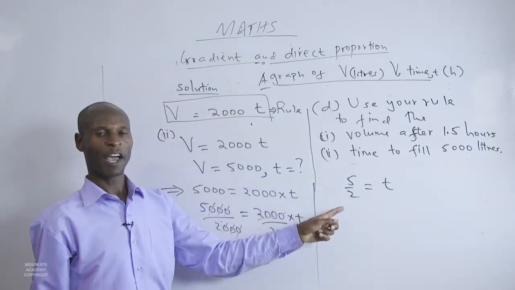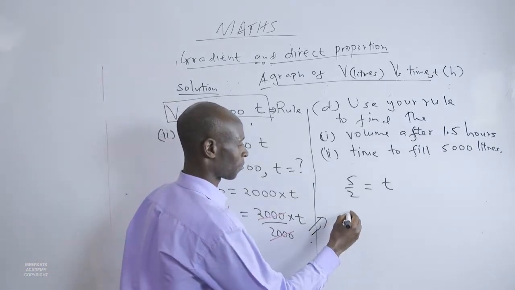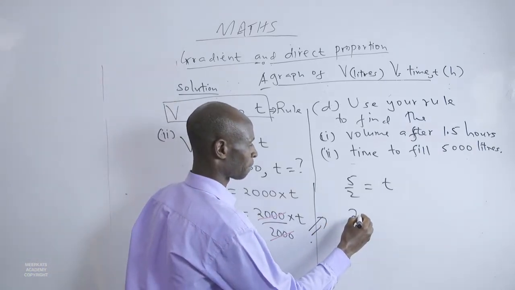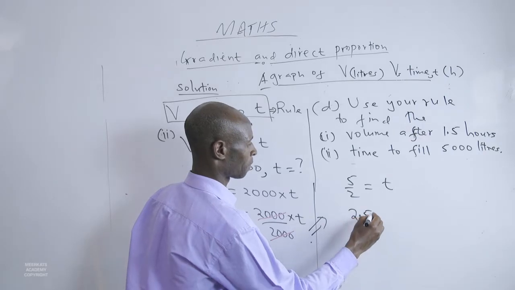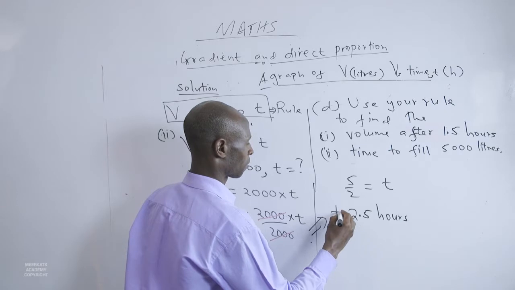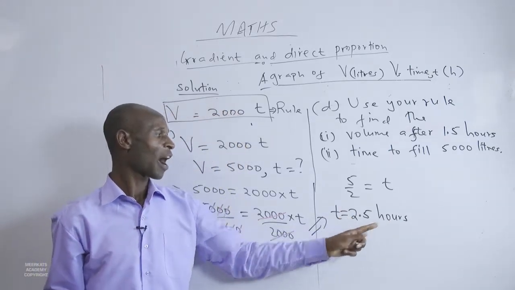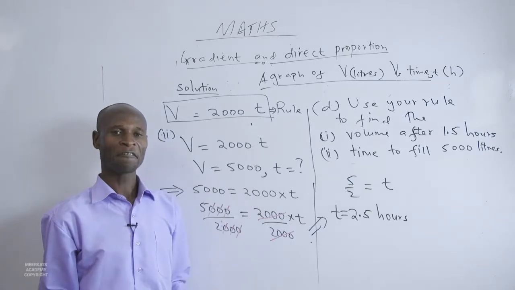So our time is 5/2, which can be simplified as 2.5 hours.